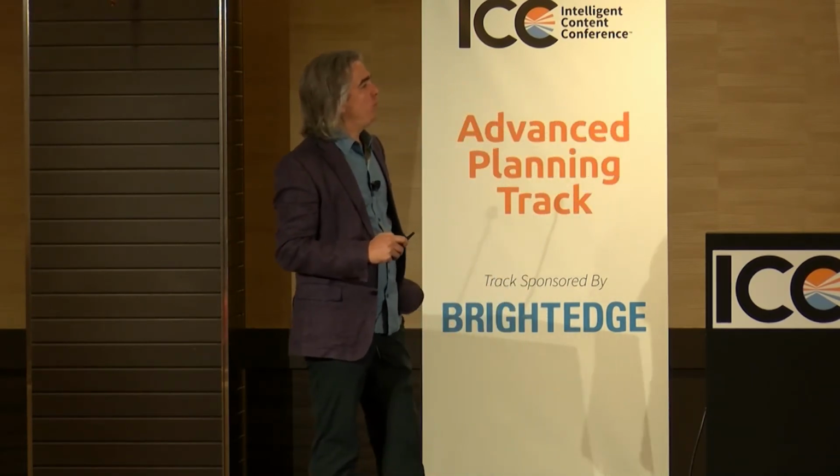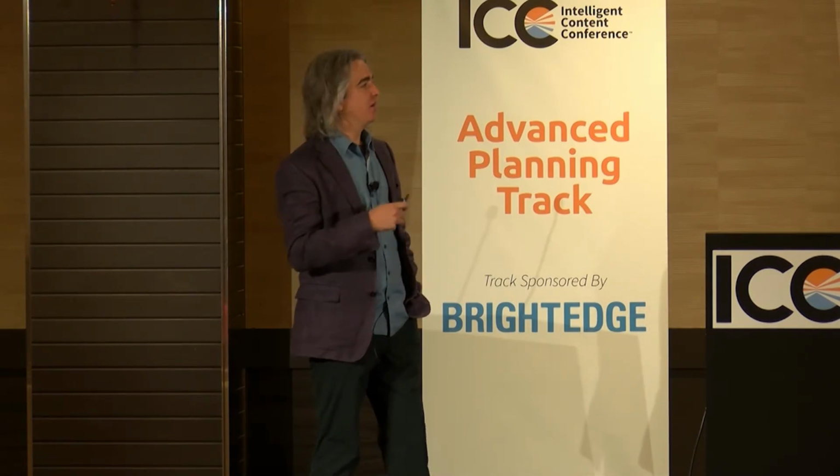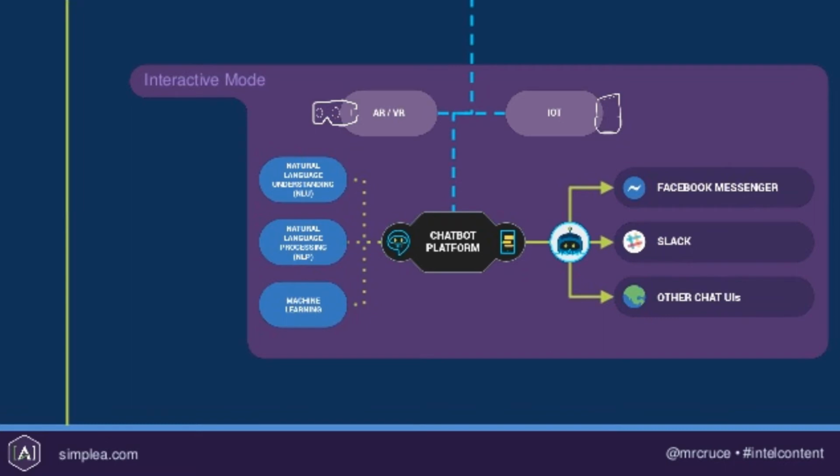What we want to look at is a model for taking the content from our API and publishing it out to a chatbot platform, which then republishes out to multiple UIs, for example Facebook Messenger, Slack, or others that are interacting with that chatbot platform.